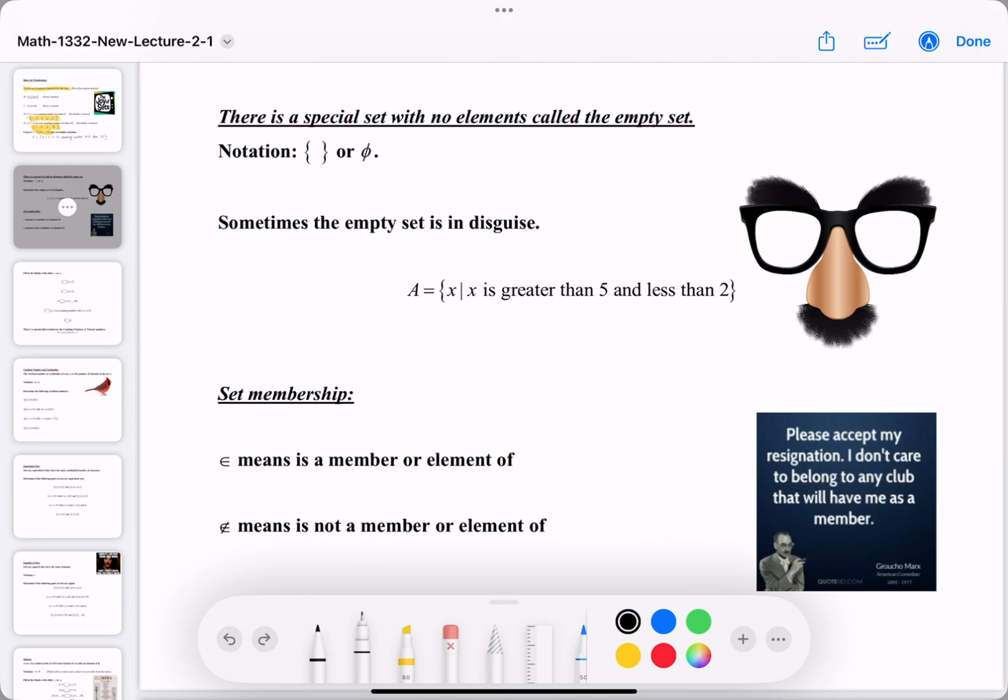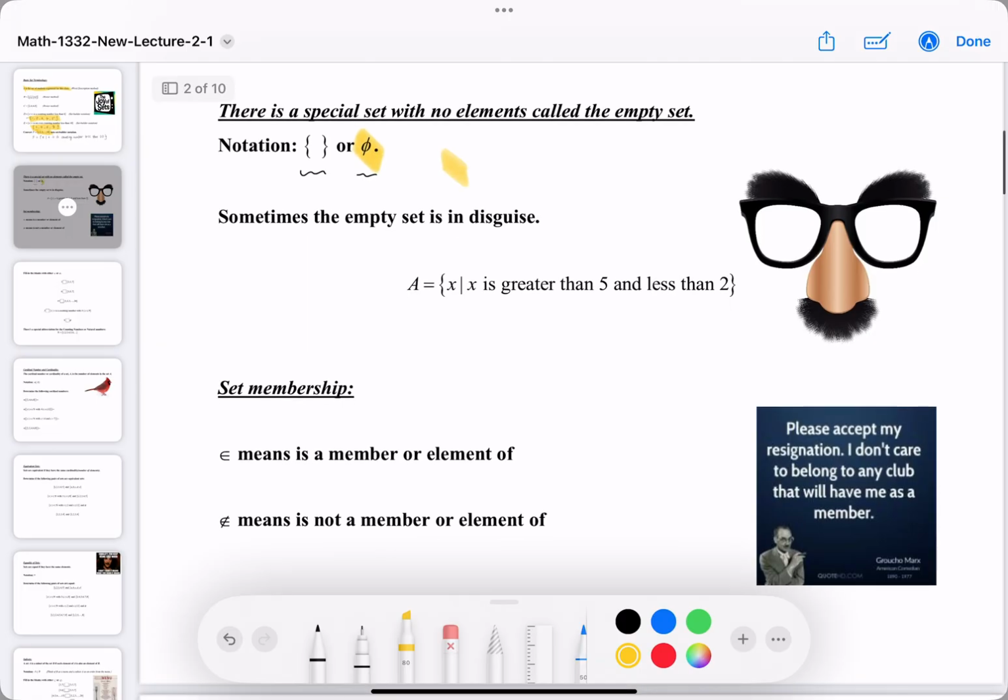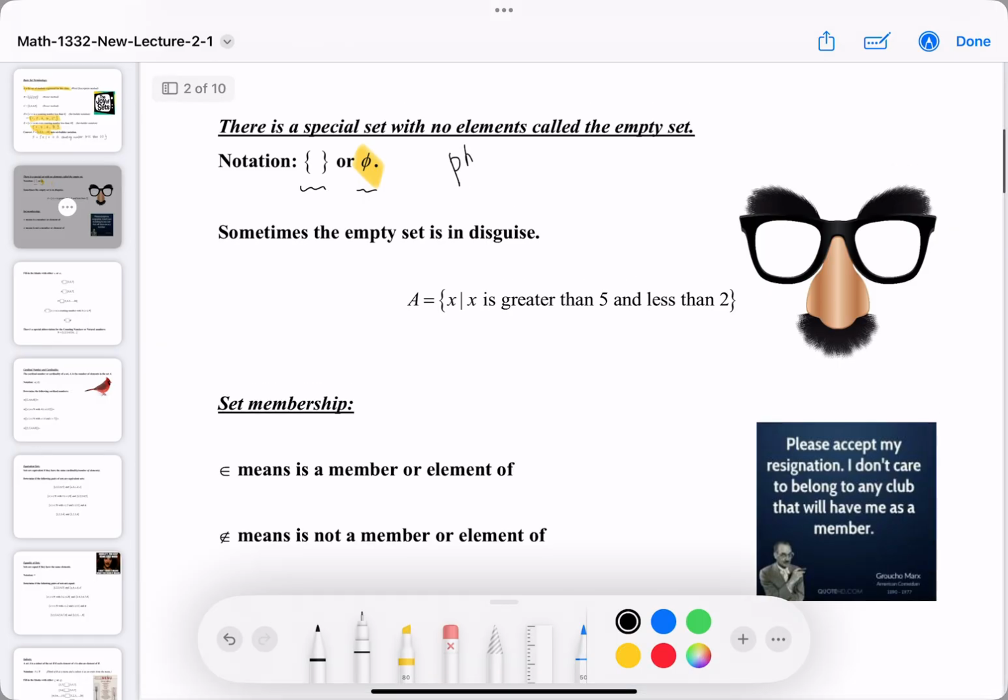We have this notation or this notation, and we call them the empty set, and this notation we call phi. That means empty set.